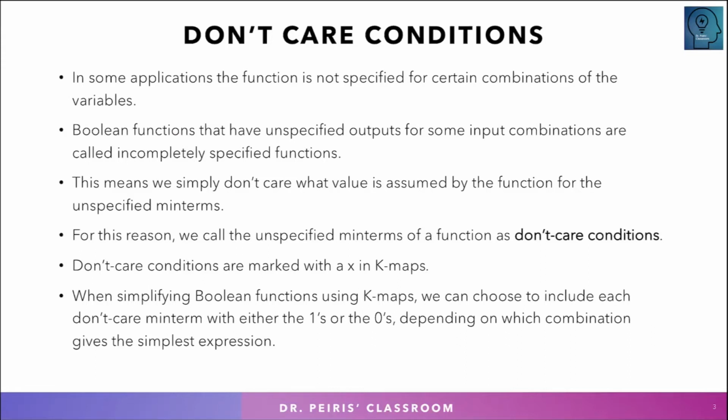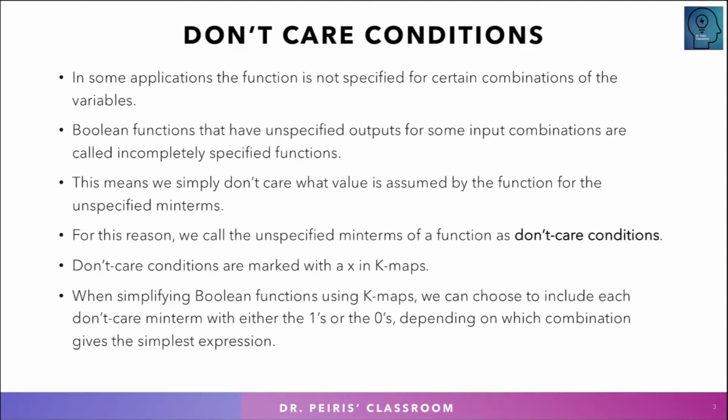This means we simply don't care what value is assumed by the function for these unspecified minterms. For this reason, we call these unspecified minterms don't care conditions. And these don't care conditions are marked with a cross in K-maps.